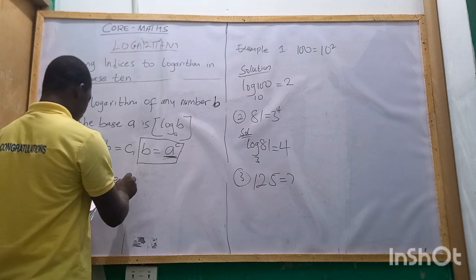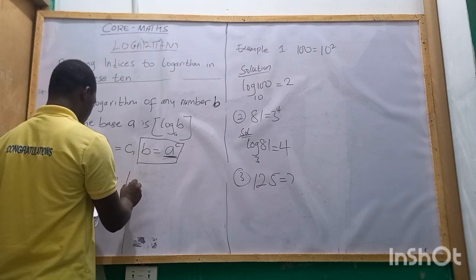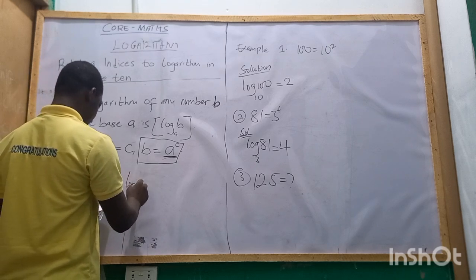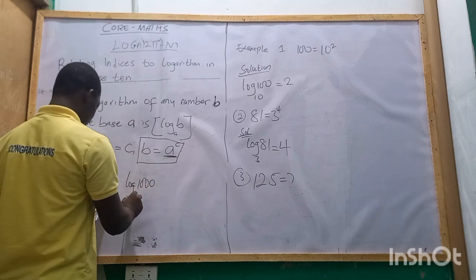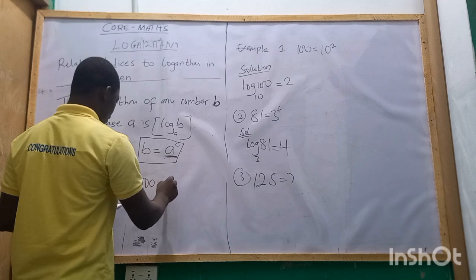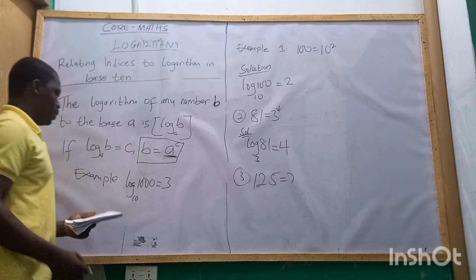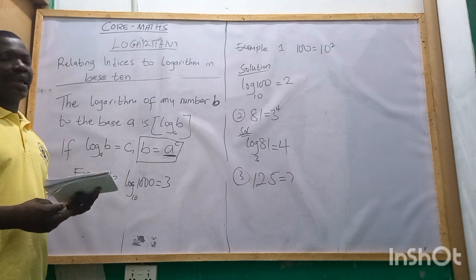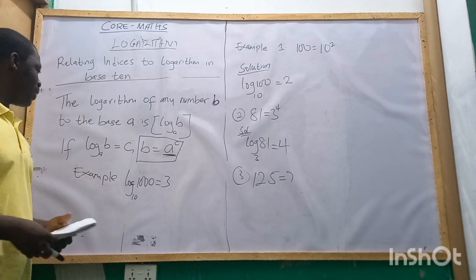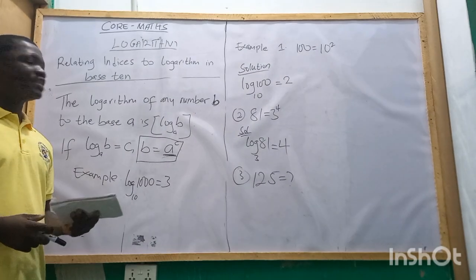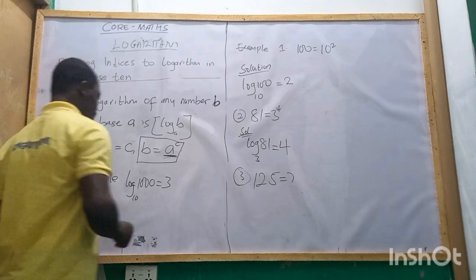so I have log 1000 to the base 10 equal to 3. Then they say I should write it in indices form. It's very simple.